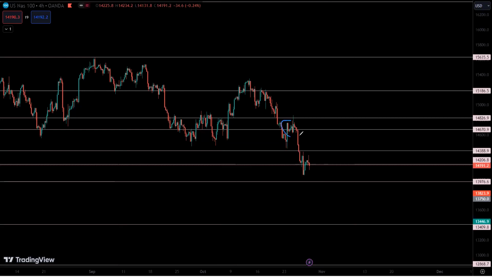For example, right here was a lot of consolidation. So 1, 2, 3, 4, 5, 6, 7. So that's 7 candles right there.